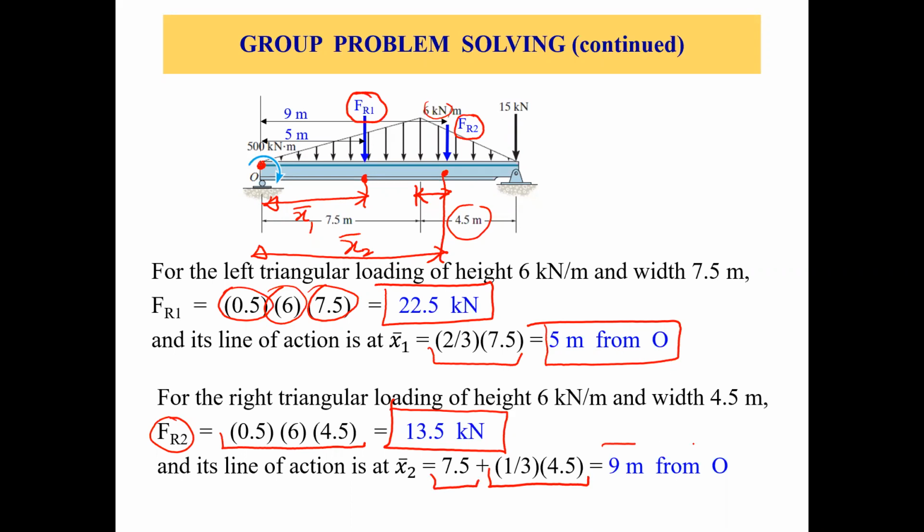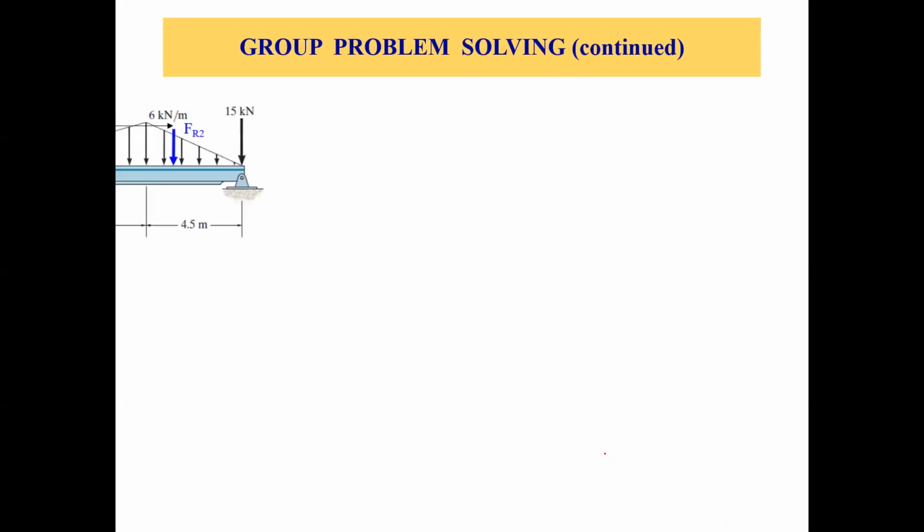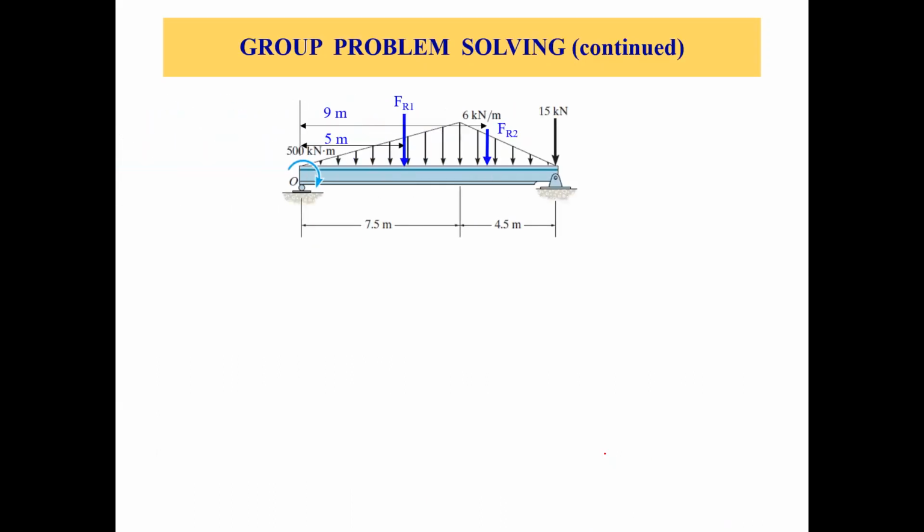So 9 meters from point O is the location X2 bar. Now we have FR1, FR2, and their locations, at 5 meters and at 9 meters.